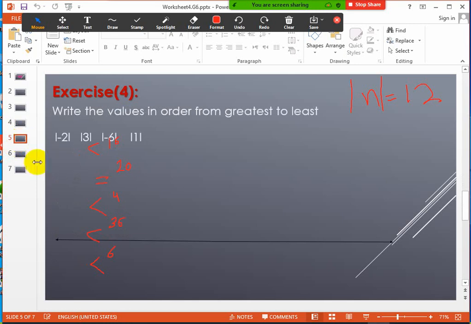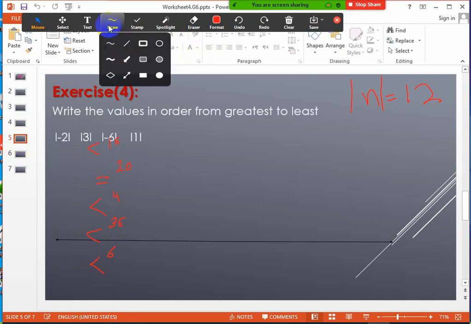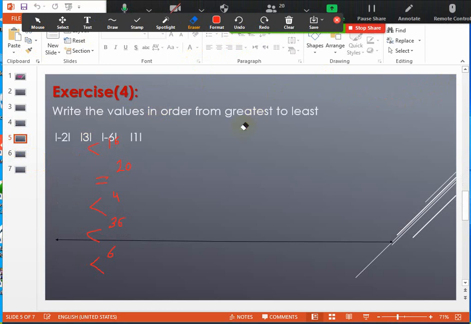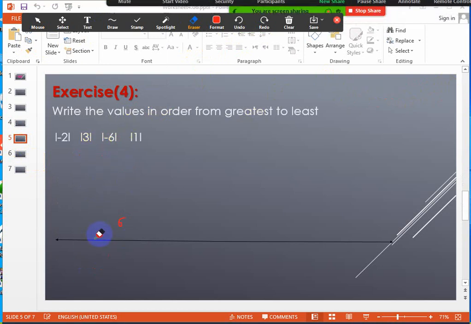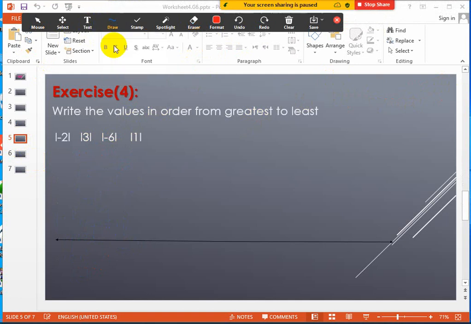Okay, let's move now. Write the values. All of you finished, girls? Can I erase the numbers? It's okay for you? Okay. Now I want to order the numbers from the greatest to the least. Write the values in order from greatest to least. So I have here absolute value.